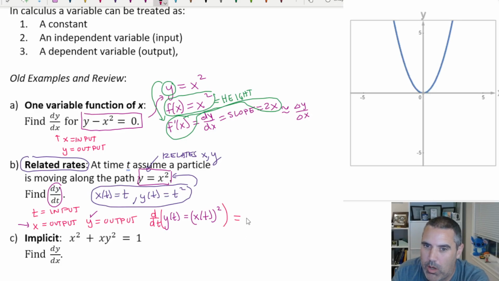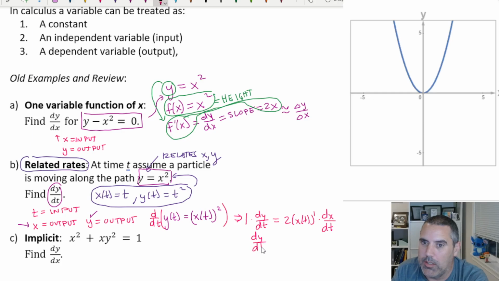We do the derivative of y, which is 1, times the derivative, so it's y prime, or dy dt, as I like to write. And then we do the chain rule in the next one. It's 2 x to the 1 times the derivative of the inside, which is dx dt. Once we get good at that, we don't write the x of t anymore. We just write dy dt is 2x dx dt.